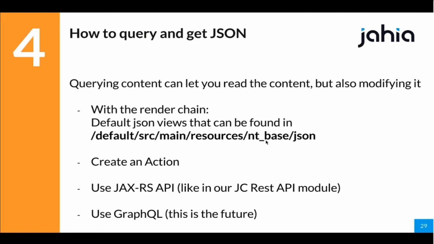Another way to render JSON is to create an action that returns a JSON object, or you can implement your own JAX-RS API. That's the solution used in Form Factory or in Marketing Factory. There is documentation about how to do that, and it's quite easy to do.